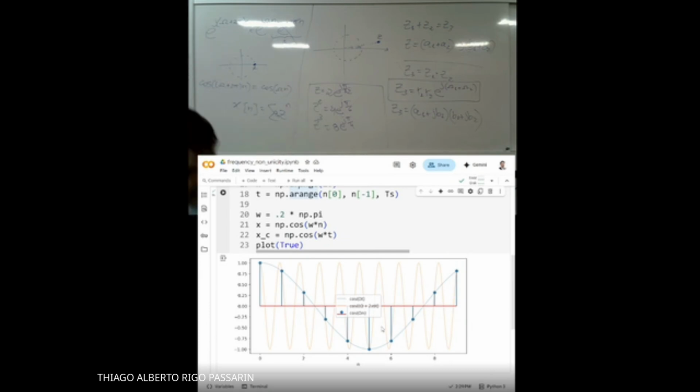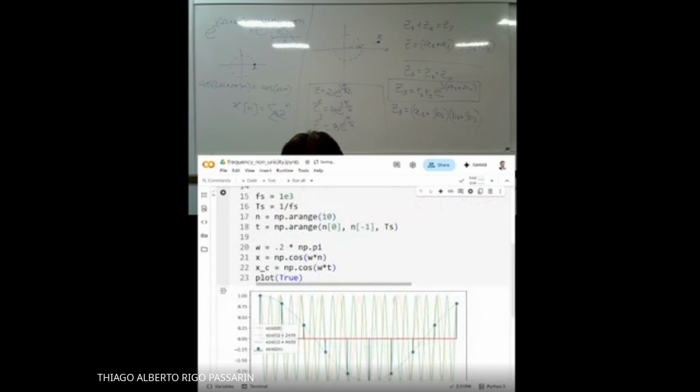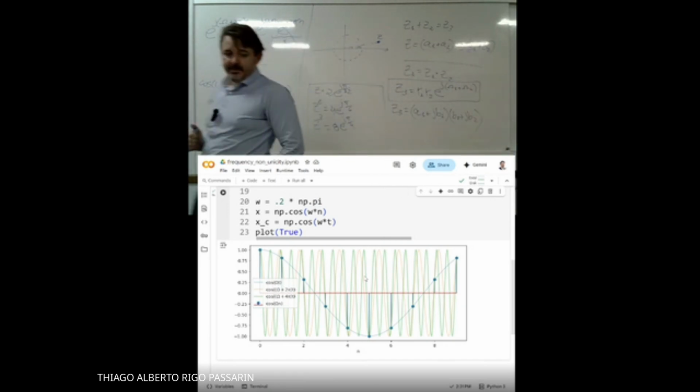We can go further here. It's already here, it's commented. Plus 4 pi. Different continuous signal, exactly the same discrete signal, because it will sample the continuous signal exactly where the 3, in this case, cosines meet.